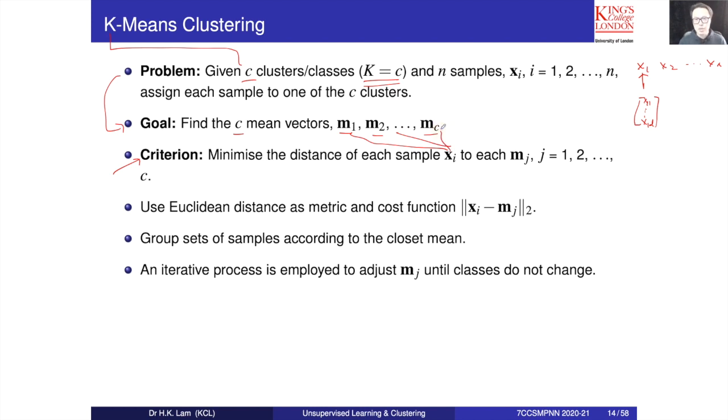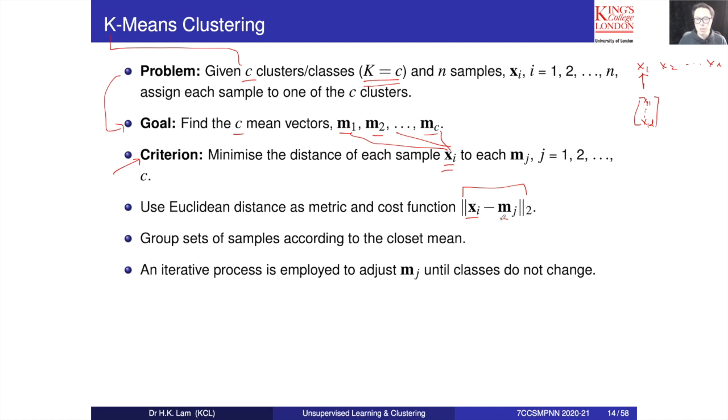So the closer the sample x is to a cluster center, the more that sample belongs to that cluster. We use the Euclidean distance as the metric to measure the distance between samples and the center.